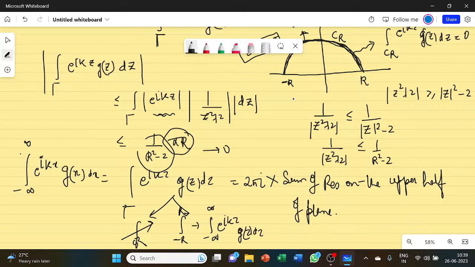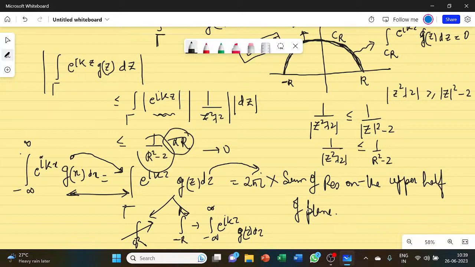And you know, on the real axis, whether you write z or x, they are one and the same thing. So basically these two integrations become equivalent as r tends to infinity. One has to remember that this particular integration can be replaced by this complex integration, and this complex integration is equal to 2 pi iota sum of residues on the upper half of the plane.